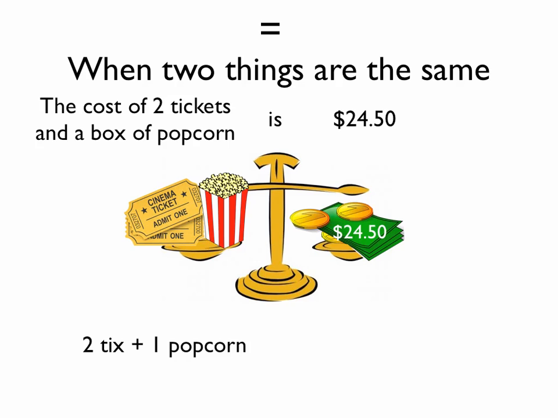Again, we can write a pseudo-equation that says 2 tickets plus 1 popcorn is equal to $24.50. If we wanted, we could turn that into a slightly more algebraic-looking thing where T stood for the price of a ticket and P stood for the price of popcorn, and we could say 2T, 2 times the price of the ticket, plus P, the price of the popcorn, has to equal $24.50.